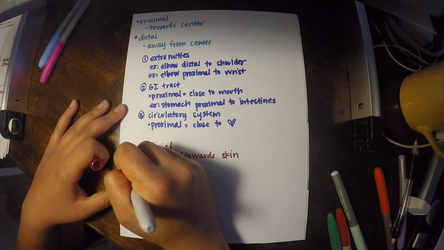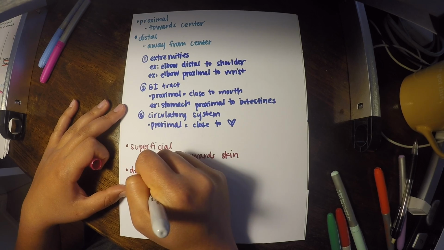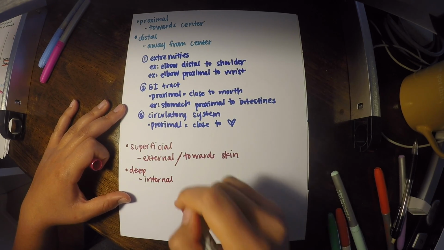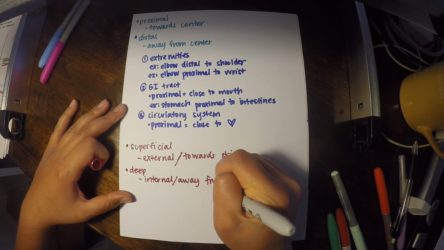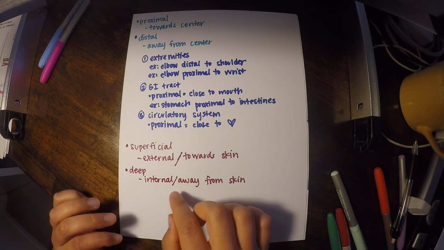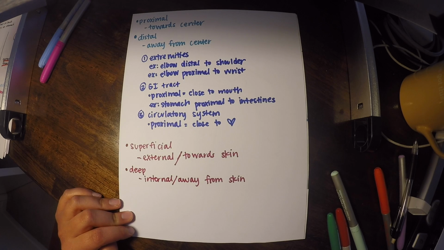And then deep means internal or away from the skin. So this is how we'll refer to different things in the body. Again, these are just more anatomical terms.